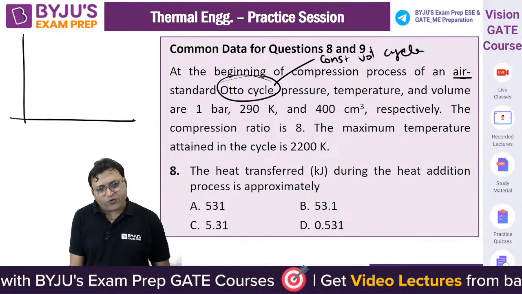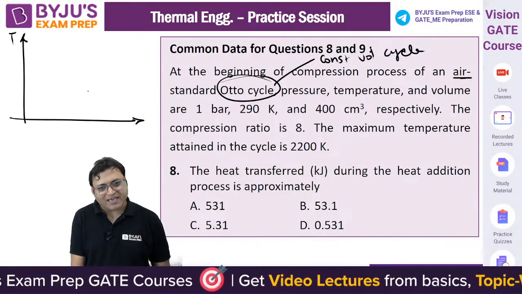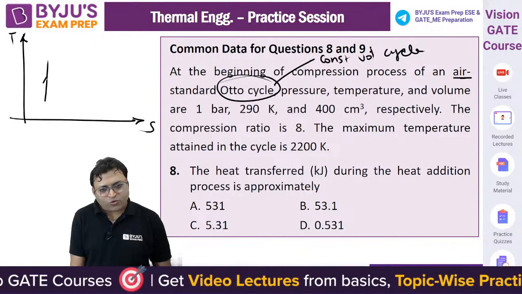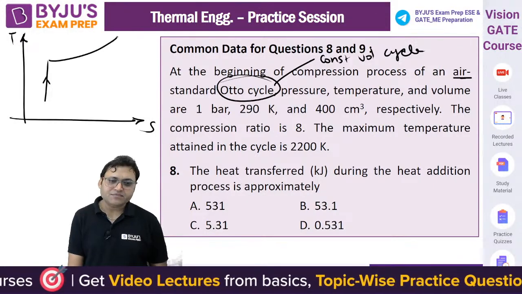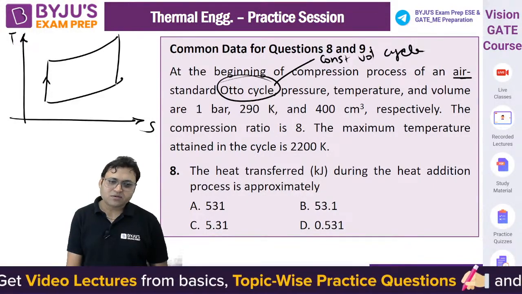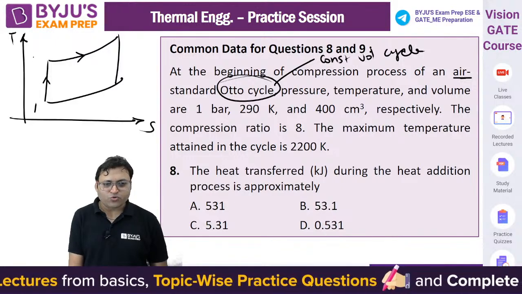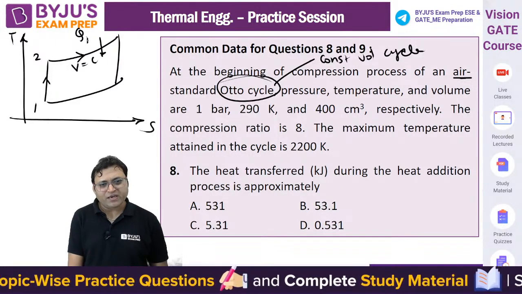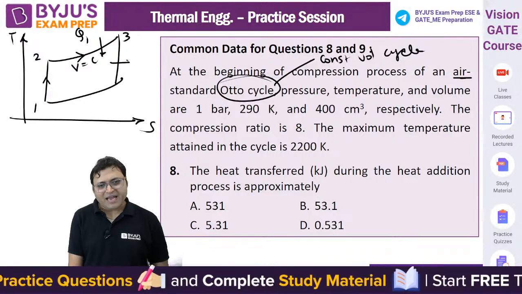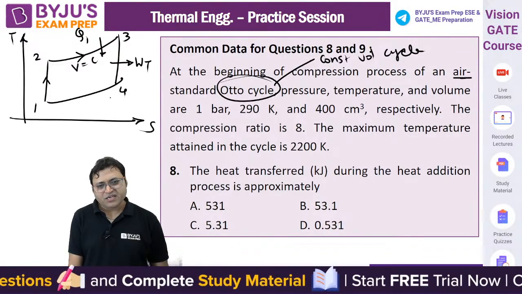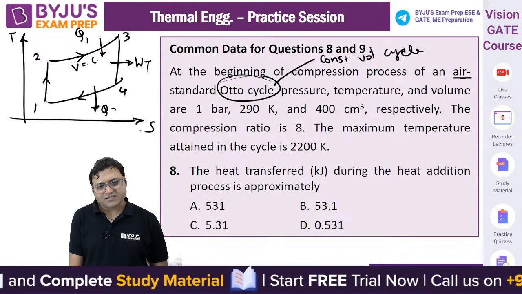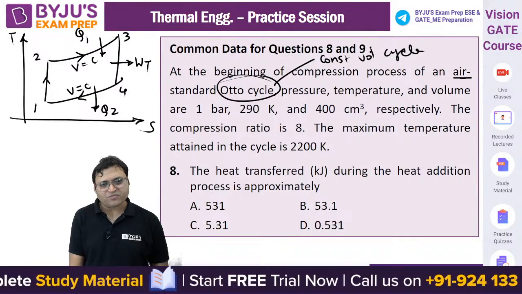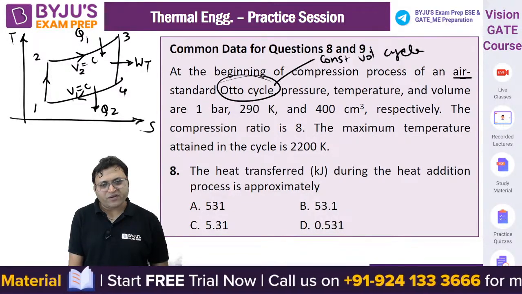If you draw TS curve for an Otto cycle, 1 to 2 is isentropic compression, then constant volume heat addition Q1, 2 to 3, then isentropic expansion 3 to 4, and 4 to 1 is heat rejection. This is also constant volume. This is V2, this is V1.